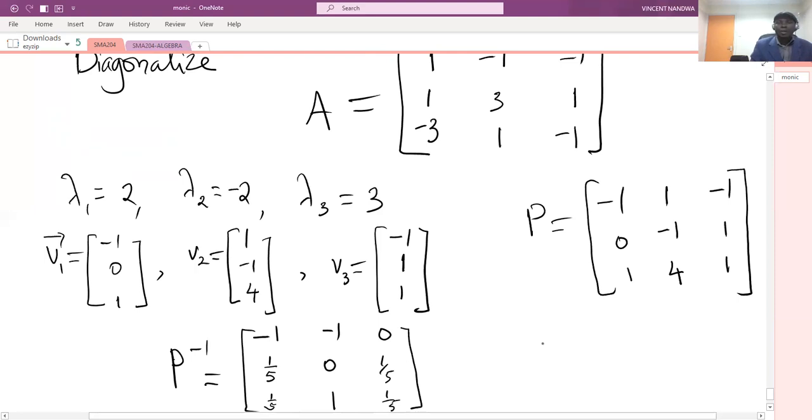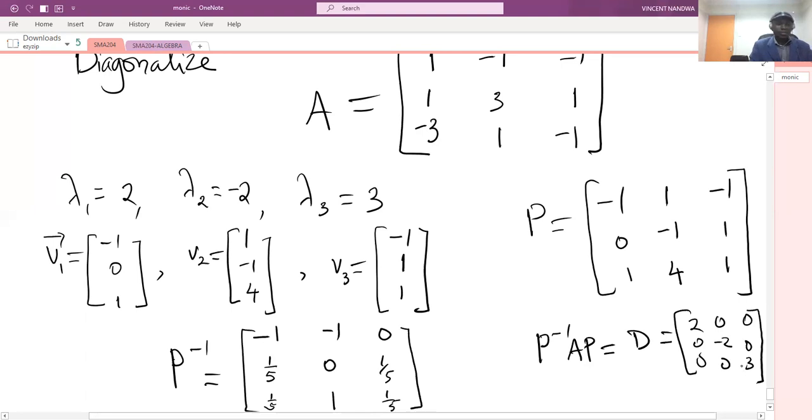And check that P inverse AP equals D, where your D for this case will be given by 2, 0, 0, 0, minus 2, 0, 0, 0, 3.